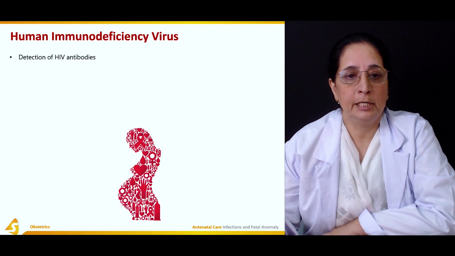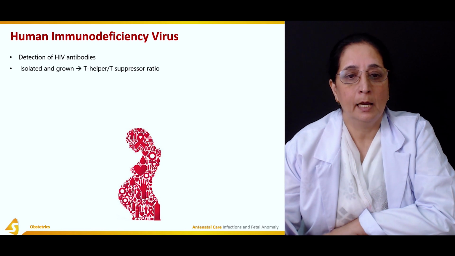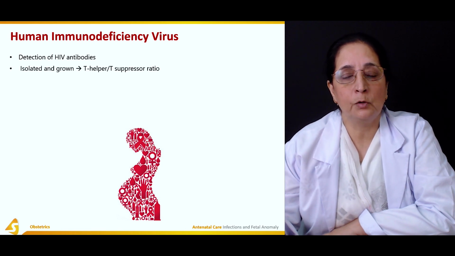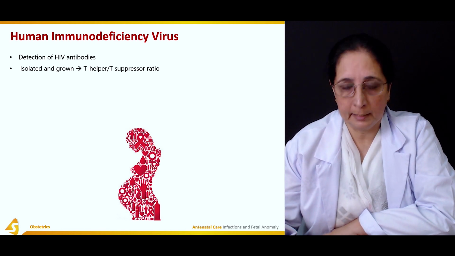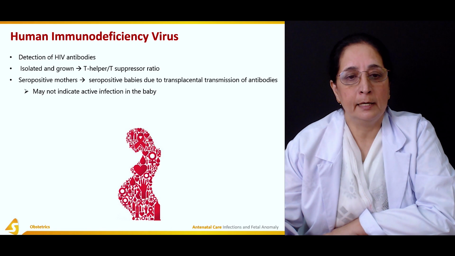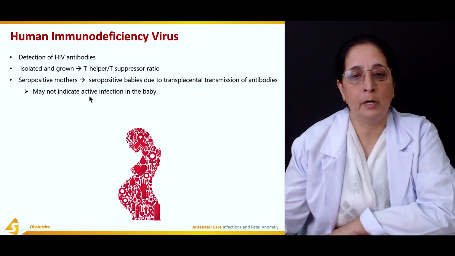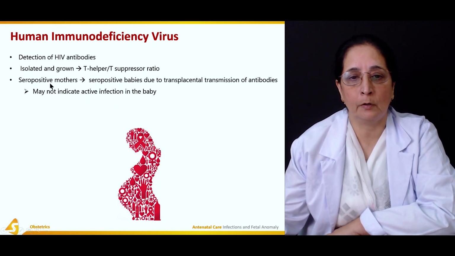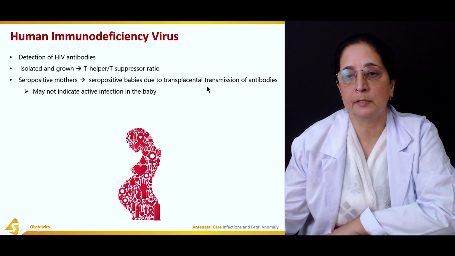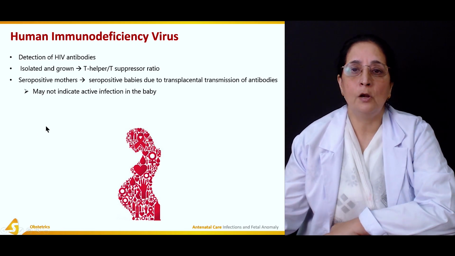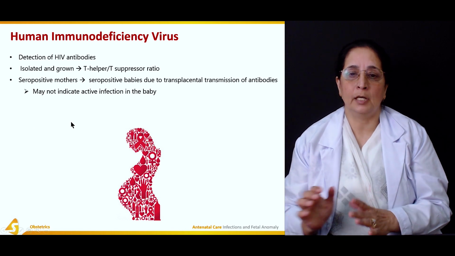HIV. HIV is diagnosed by detection of HIV antibodies, and it is isolated and grown. The T helper and T suppressor ratio is also important. The seropositive mother who has HIV antibodies leads to seropositive babies due to transplacental transmission of antibodies, which may not indicate active infection in the baby.